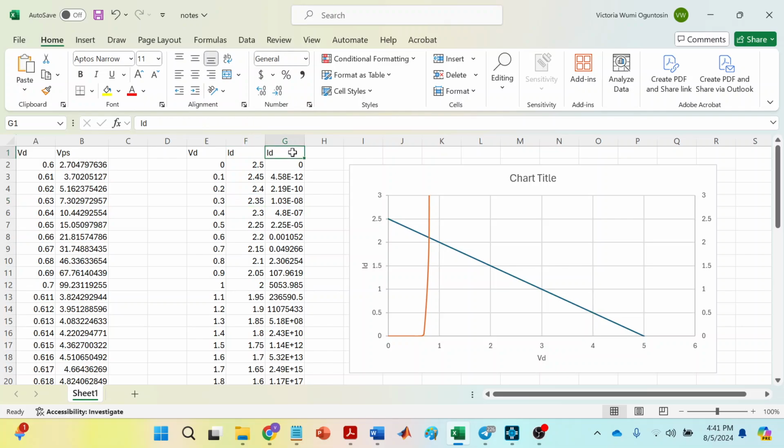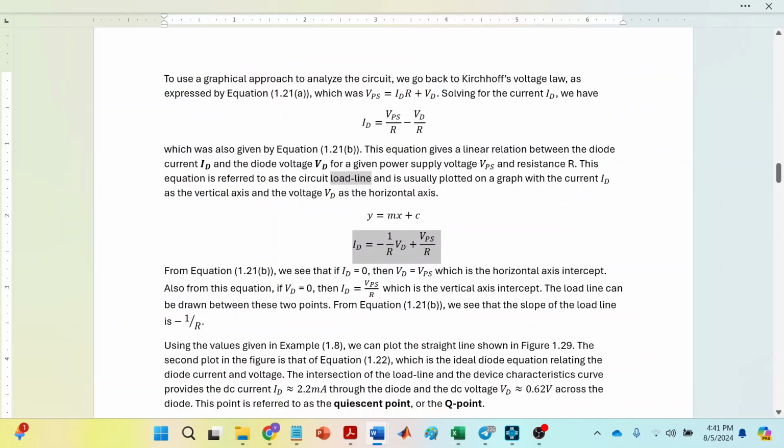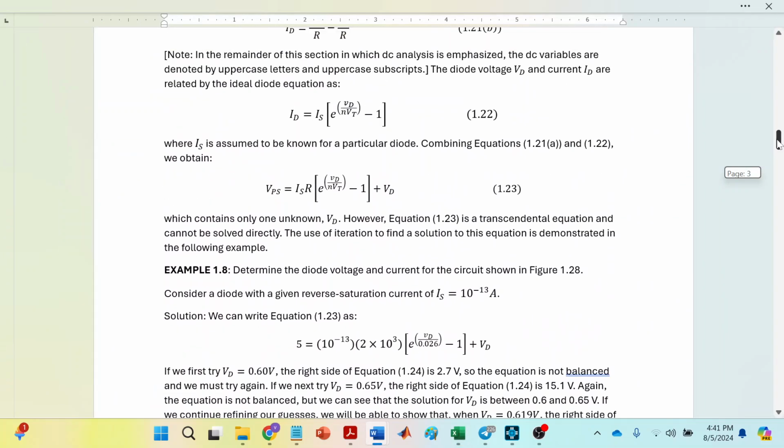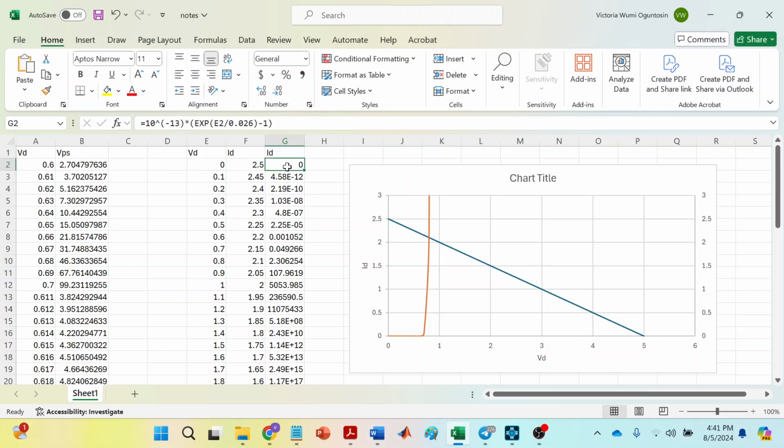Then for the second equation here, I just put this equation in Excel format. This is the reverse saturation current times exponential of VD divided by VT minus 1.